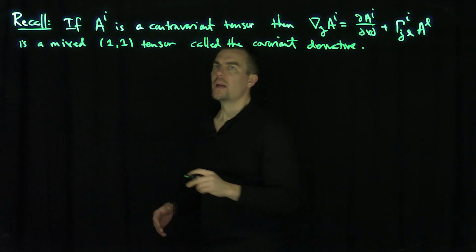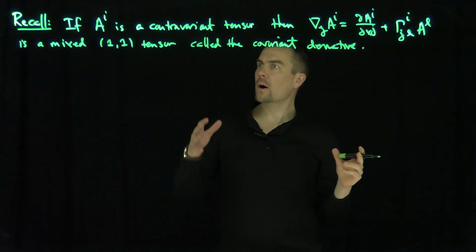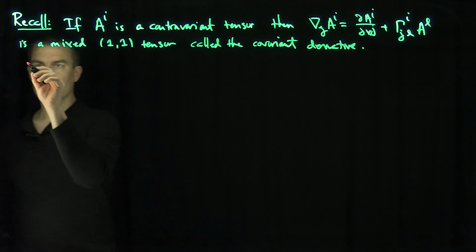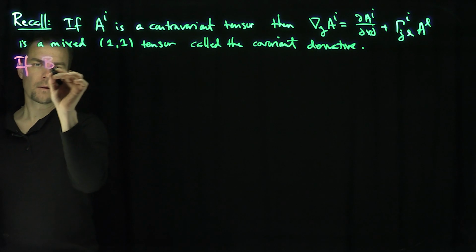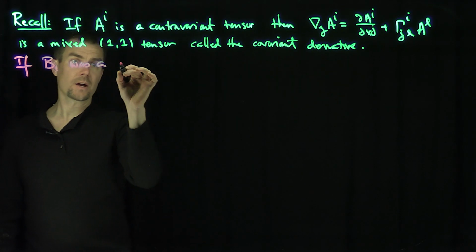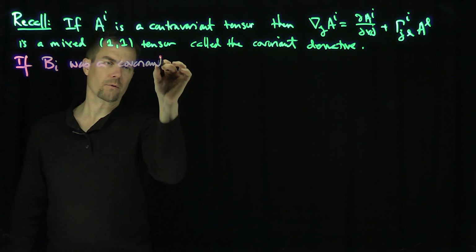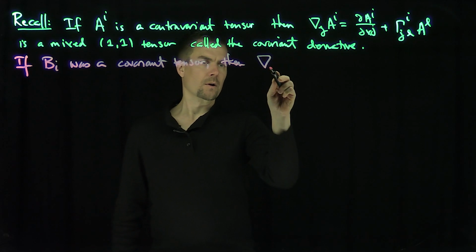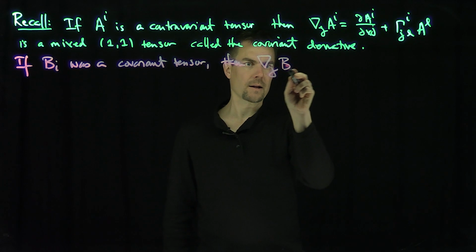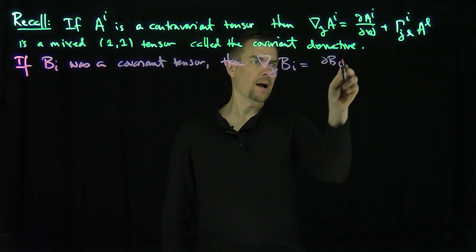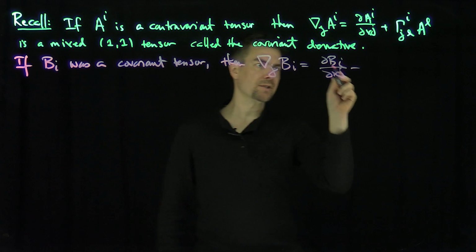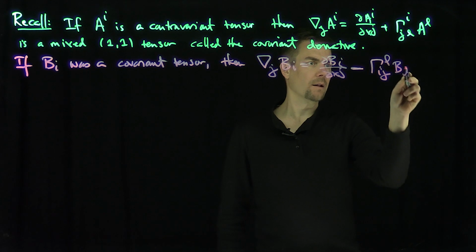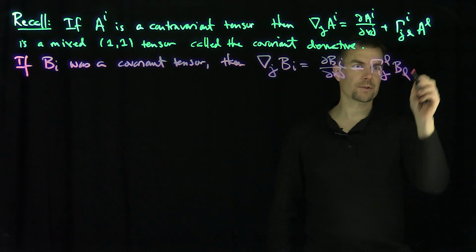Okay, excellent. And now, how do I define the covariant derivative of a covariant vector? So if b_i was a covariant tensor, clearly of order 1, then the gradient ∇_j b_i, which is ∂b_i/∂x^j minus Γ^l_{ij} b_l, is now a 2 covariant tensor.